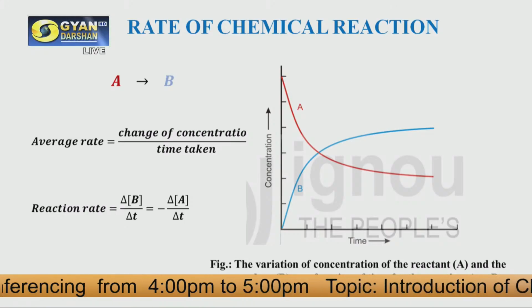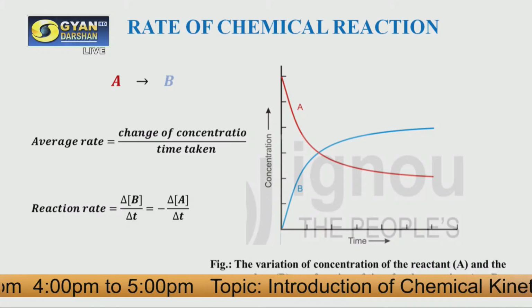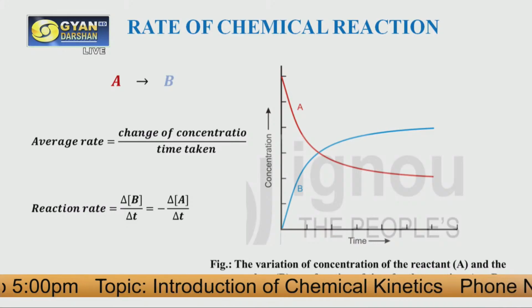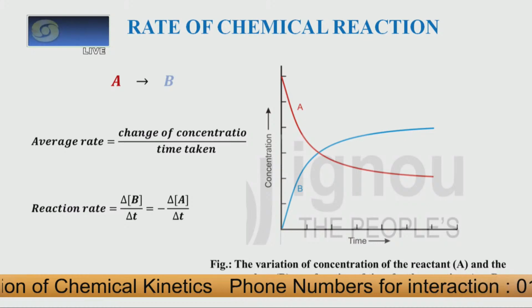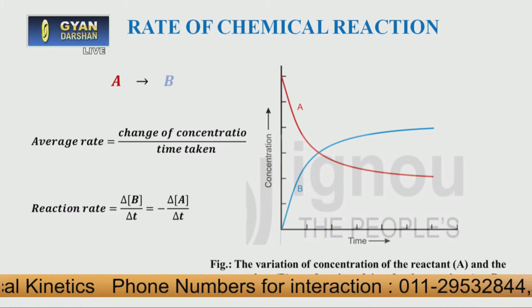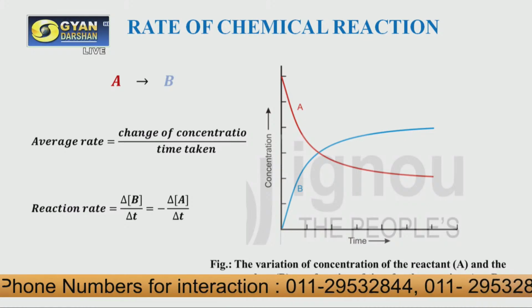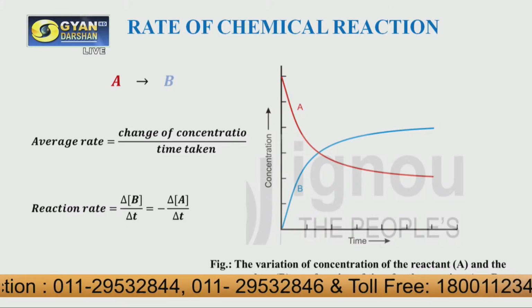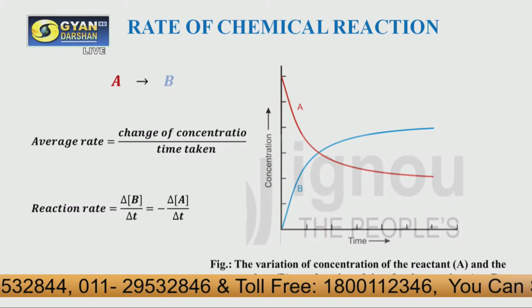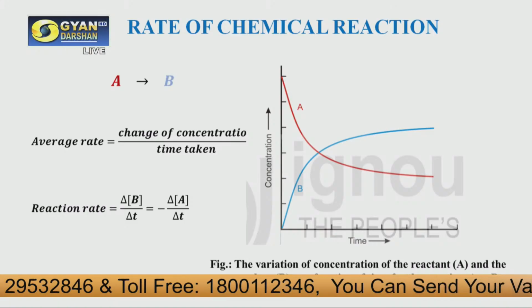In the product form, it is simply delta B, the concentration of B, divided by delta t, the time difference. In terms of the reactant, we put the negative sign because rate should not be negative: minus delta A divided by delta t.